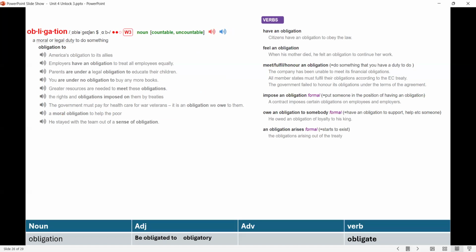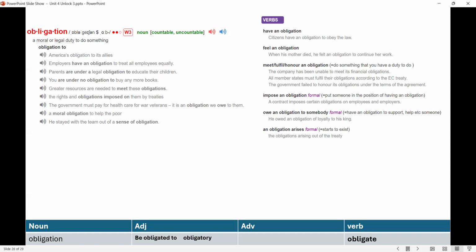Obligation. Obligation means a moral or legal duty to do something. When you have an obligation, it means you feel that it is necessary and it is the right thing to do it. Have an obligation to. Example, citizens have an obligation to obey the law.